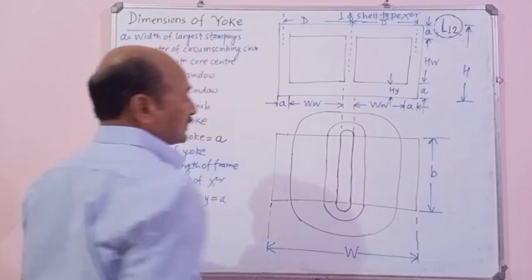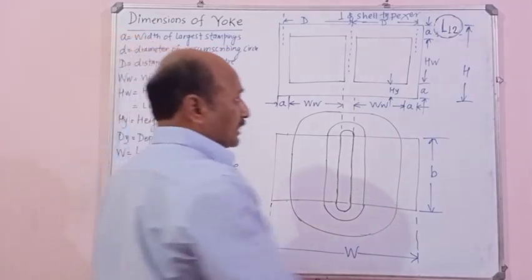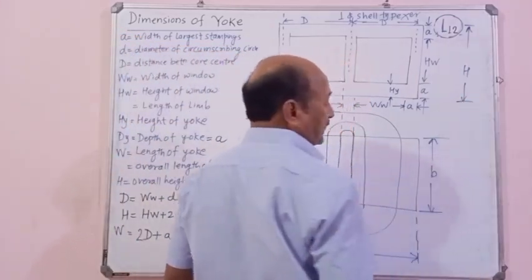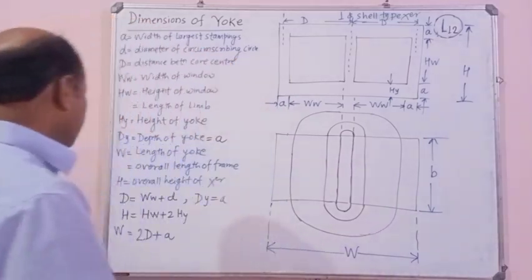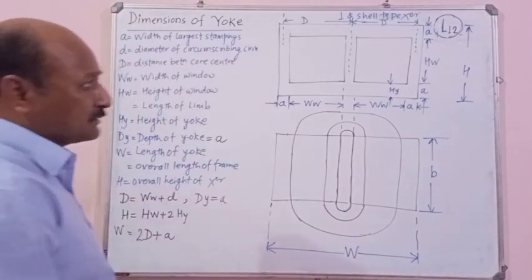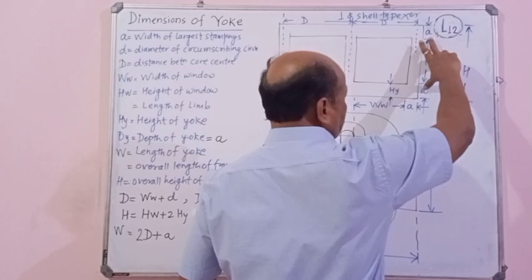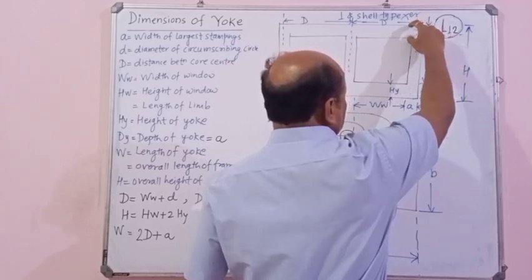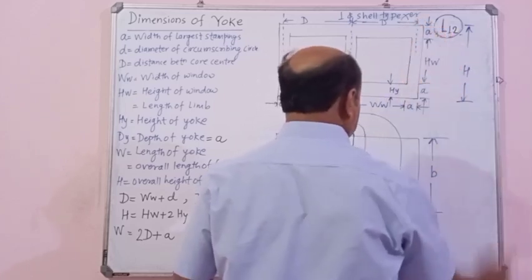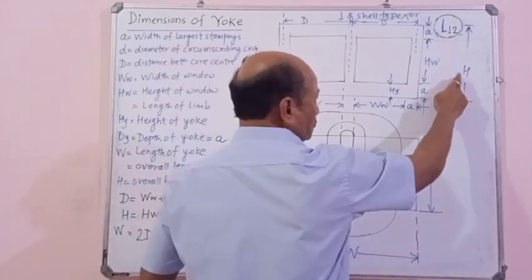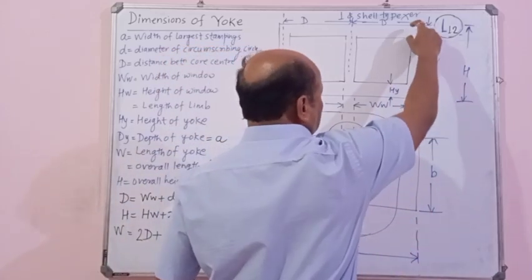Then we have the capital H. Capital H is nothing but the overall height of the transformer, given by height of the window plus the height of the yoke plus height of the yoke. Meaning capital H equals height of the window plus 2 into Hy.